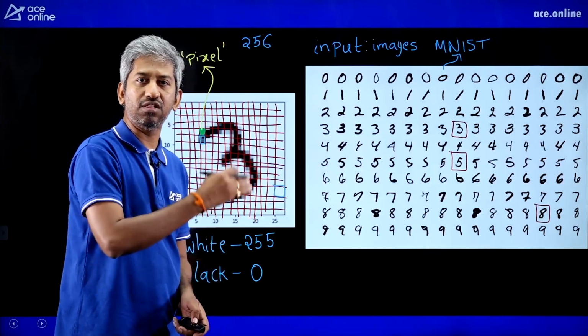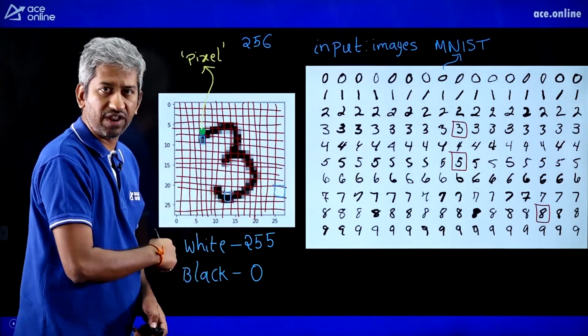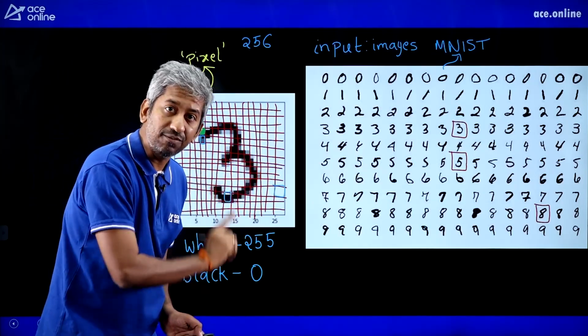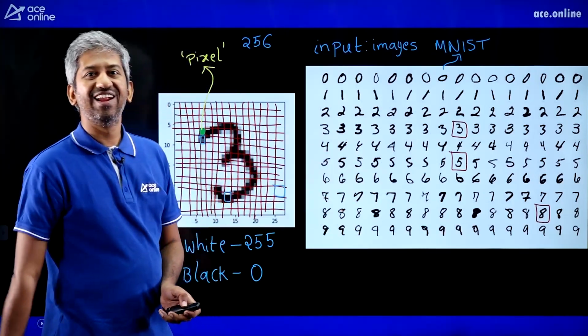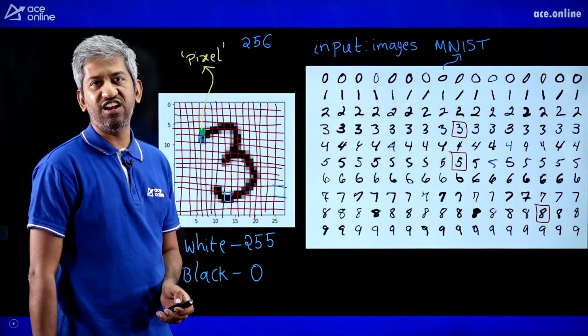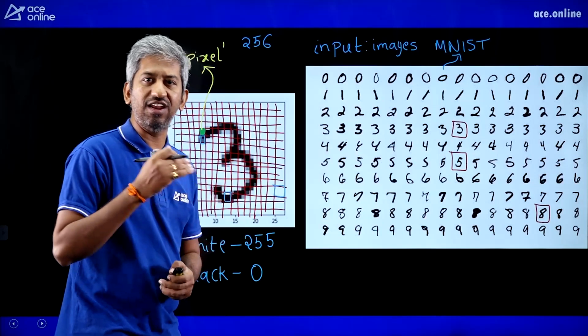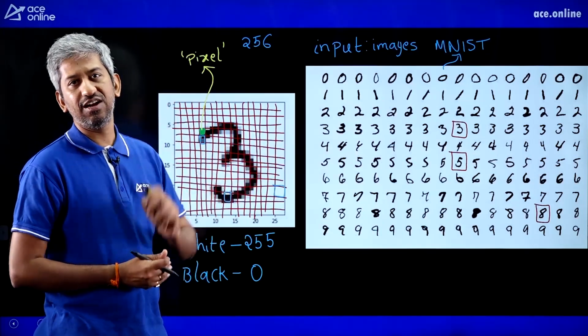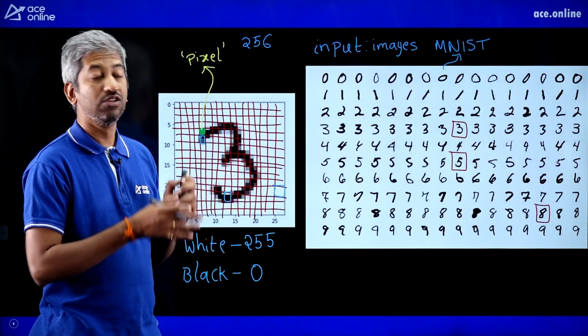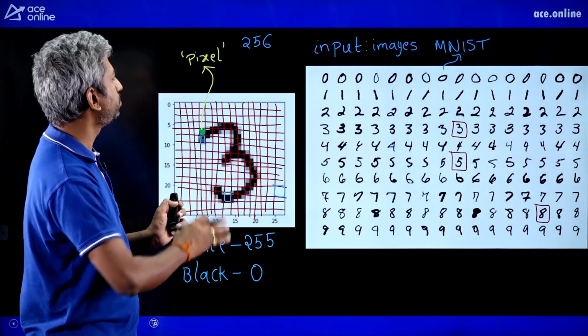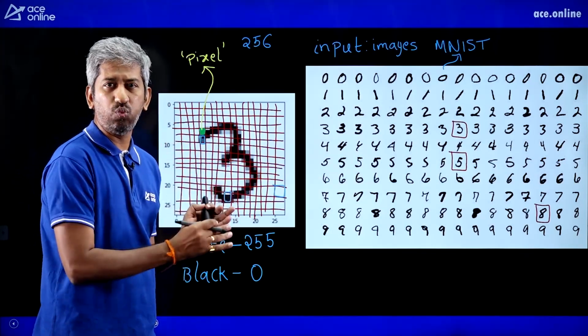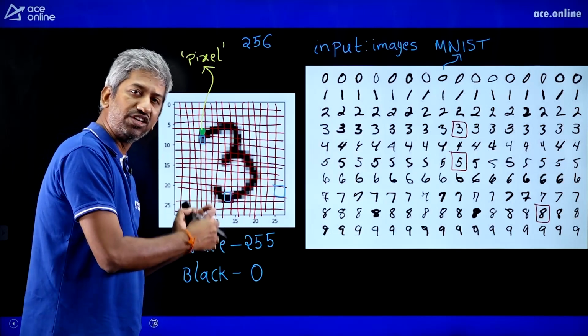All the 900 numbers are to be tabulated. Then that becomes your input to the machine learning algorithm. Your machine learning algorithm can process or play with those numbers. So this is the idea behind converting images into data.